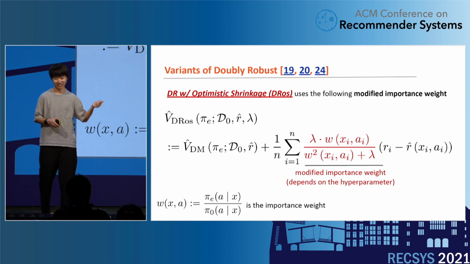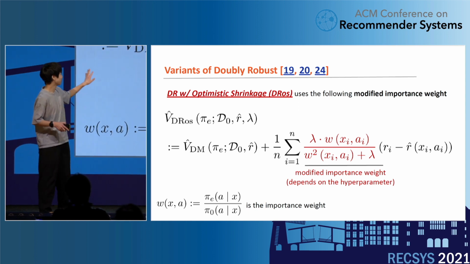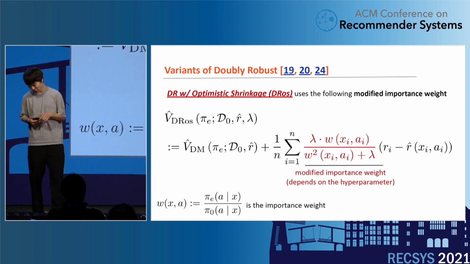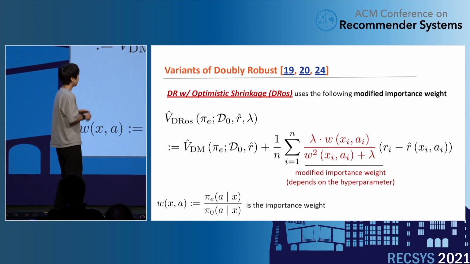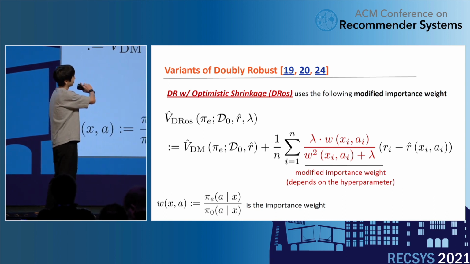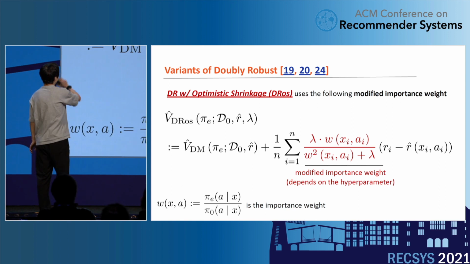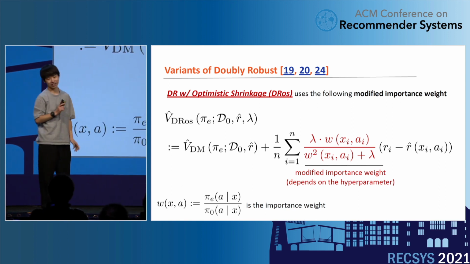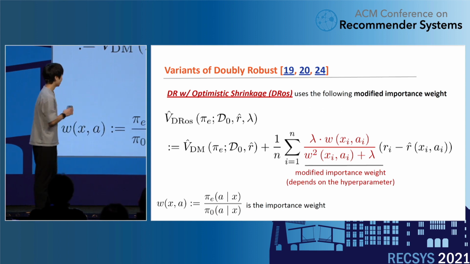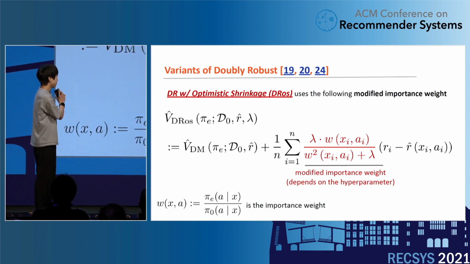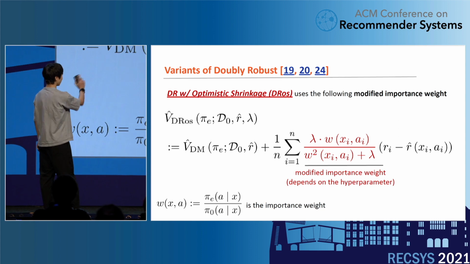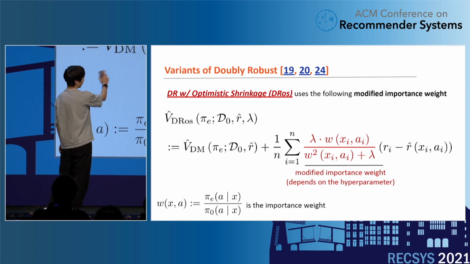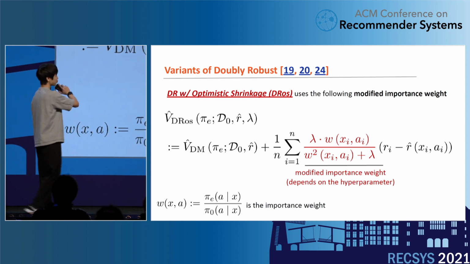This estimator is totally based on the vanilla doubly robust, but there is one single modification. So here's the definition. We see two terms, and the first term is exactly the same, the direct method. The second term is the correction term. But we see a huge difference in the importance weight input.